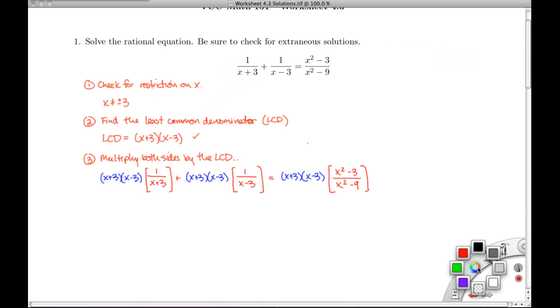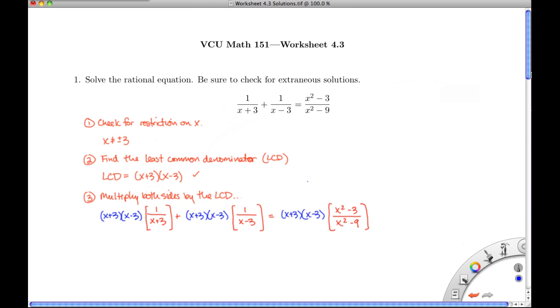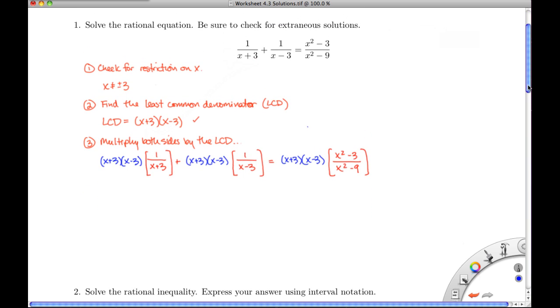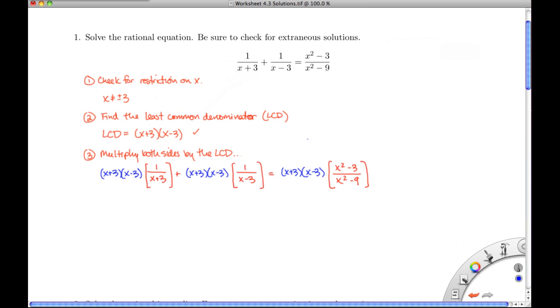Now, inevitably what's going to happen here is that things are going to begin to cancel out. So let's see what we can do here. So in this first grouping, the x plus 3's are going to cancel out. Here, the x minus 3's will cancel out.